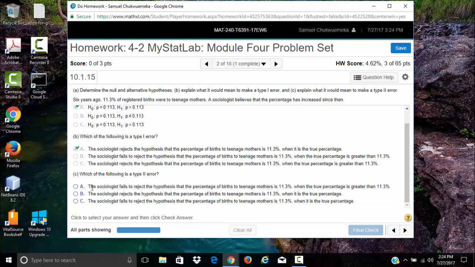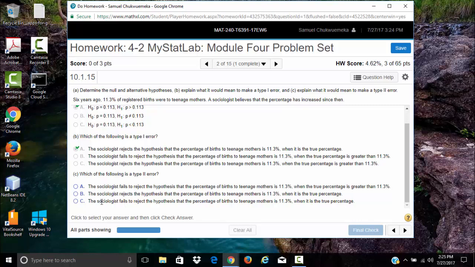So let's look at A. The sociologist fails to reject the hypothesis that the percentage of births to teenage mothers is 11.3% when the true percentage is greater than 11.3%. Option C: the sociologist fails to reject the hypothesis that the percentage of births to teenage mothers is 11.3% when it is the true percentage.